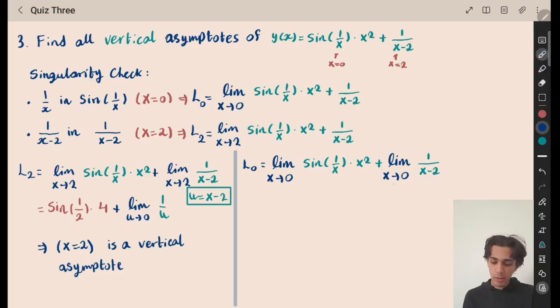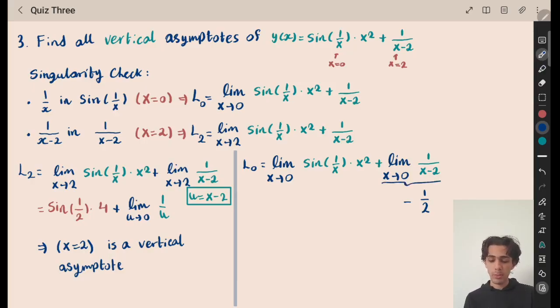Just like here, this is simple. 1 over x minus 2 is a function which is continuous at every single point except x is equal to 2. I'm talking about this function. So I can just plug in. This will be 1 over 0 minus 2, which is minus 2. And so it's minus half. This is the second limit.